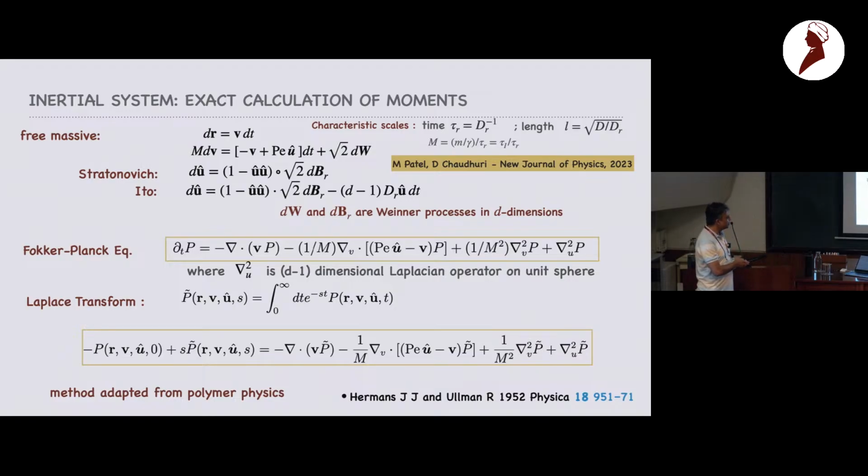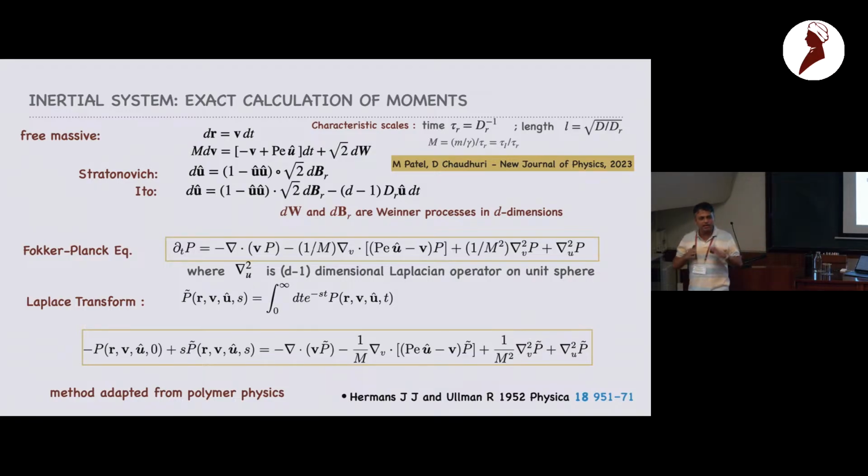What we do is that we are not trying to solve the equation for the probability distribution. Usually the Fokker-Planck equation is different for the two conventions, but here the Stratonovich equation and the Ito equation give the same Fokker-Planck. So this is the orientational dynamics: you write it down in either sense and derive the corresponding Fokker-Planck equation.